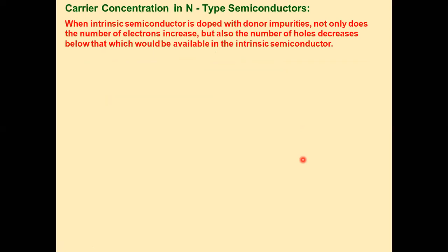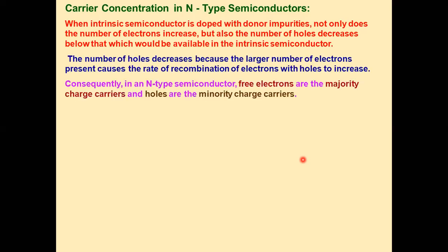Second type of extrinsic semiconductor is P type of semiconductor. When an intrinsic semiconductor is doped with donor impurity, not only does the number of electrons increase, but the number of holes also decreases.